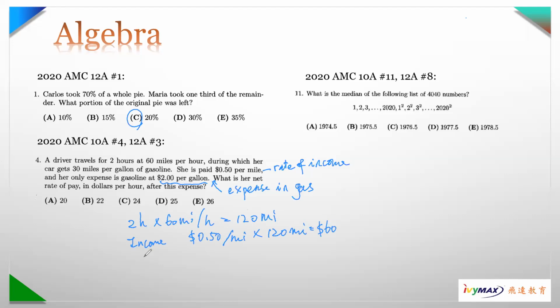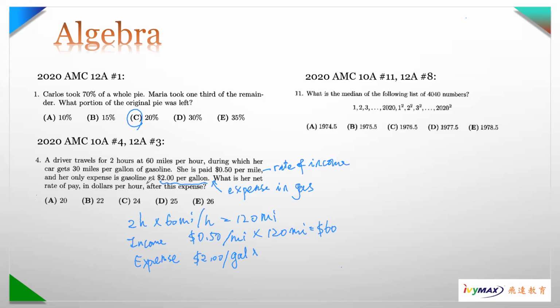And then we need to find out the expense. For expense, it said it is $2 per gallon. So we also need to find out how many gallons are used for this trip, right? For that one, we can use the one on the top.